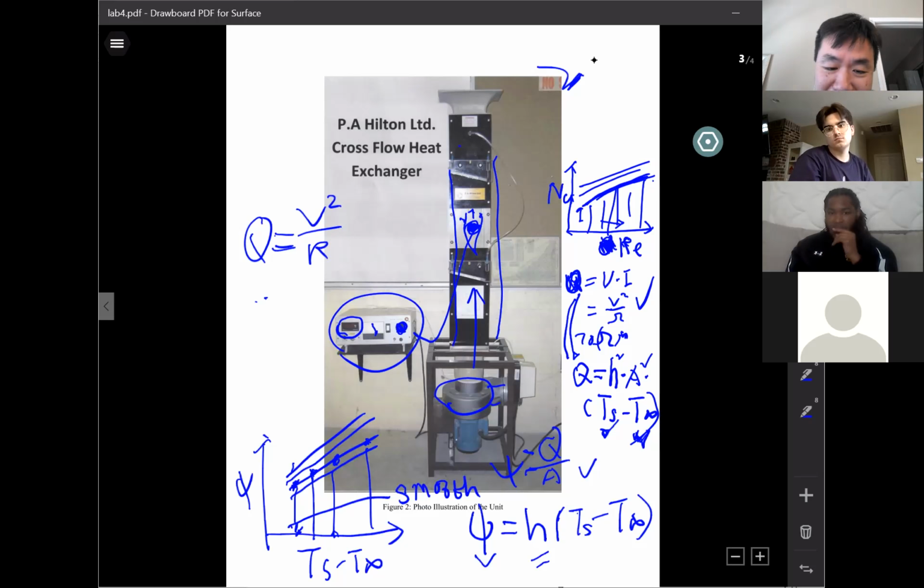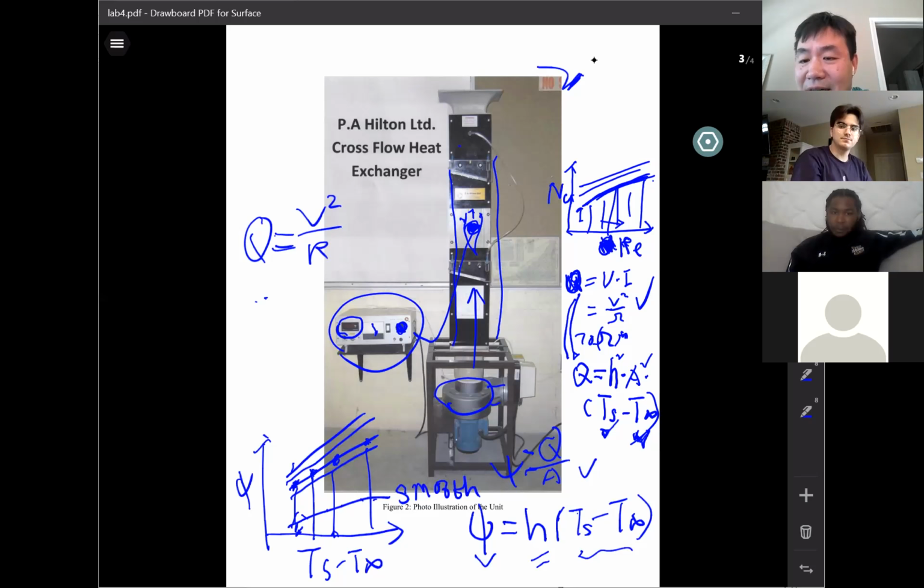For the same 4 delta T, you should be able to calculate the phi for the smooth tube and plot the line here. That line must be below, because the finned tube, of course, has better heat transfer than the smooth tube.